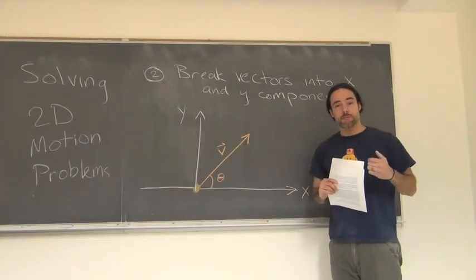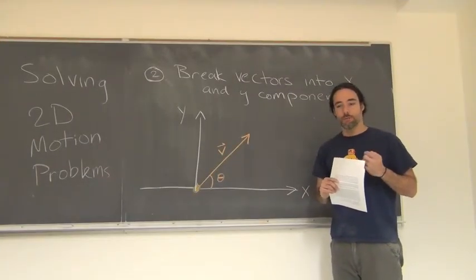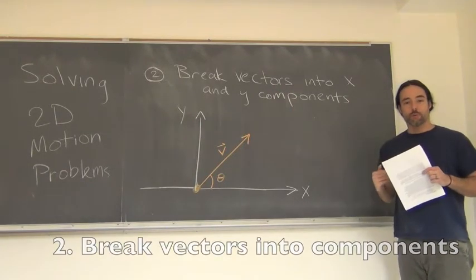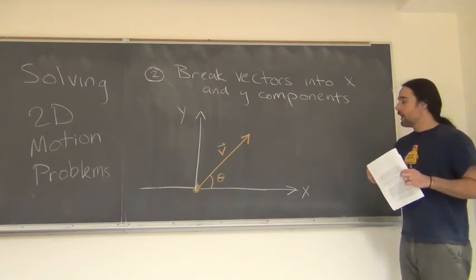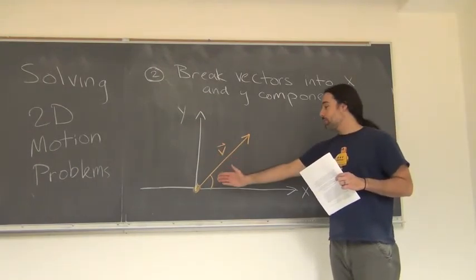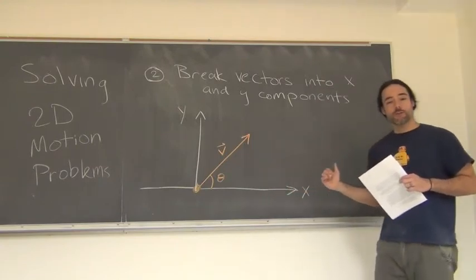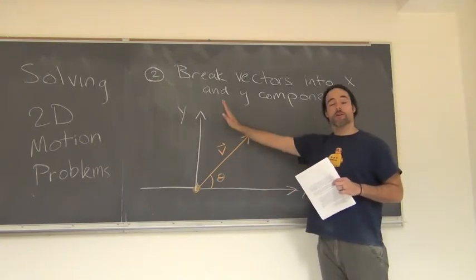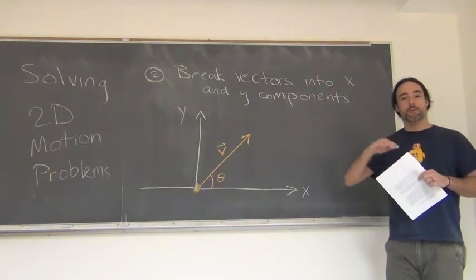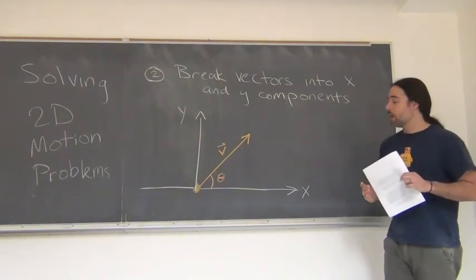The second step for solving two-dimensional motion problems is to break the vectors into their individual x and y components. So if I look here, I have a velocity vector that points partially in the positive x direction and partially in the positive y direction. It's not all along x, it's not all along y, it's something in the middle.